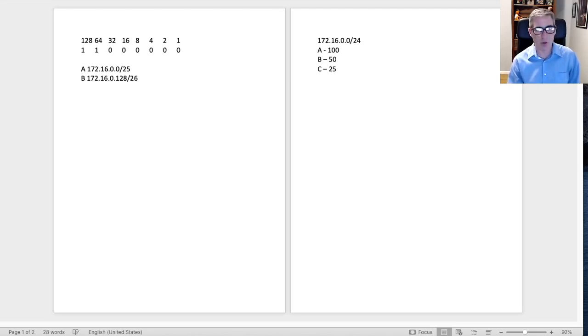And then we can move on to our next network, which is C, 172.16.0.64 plus 128 is 192. And this network is smaller again by half, which is, as we saw before, it's going to take 5 host bits.